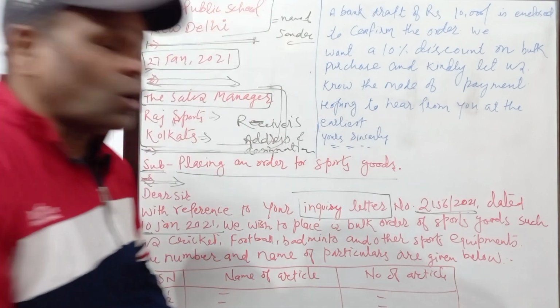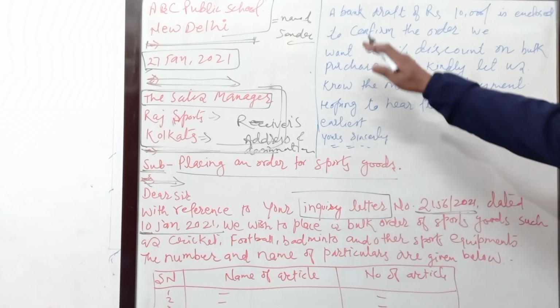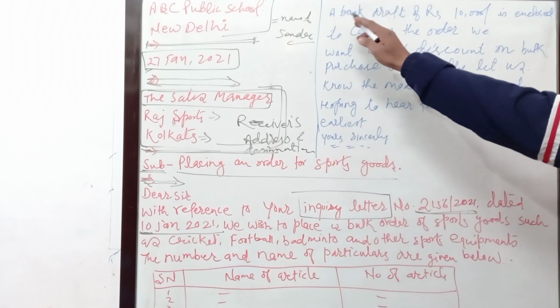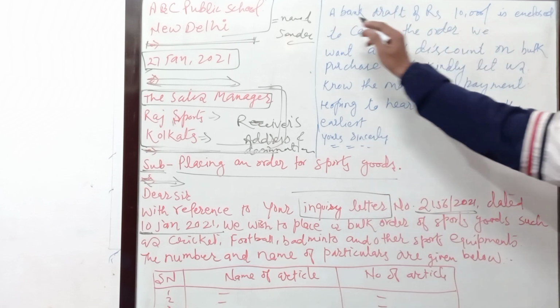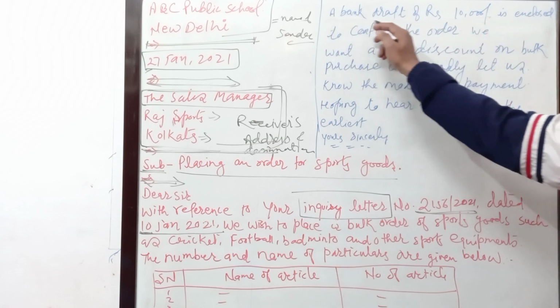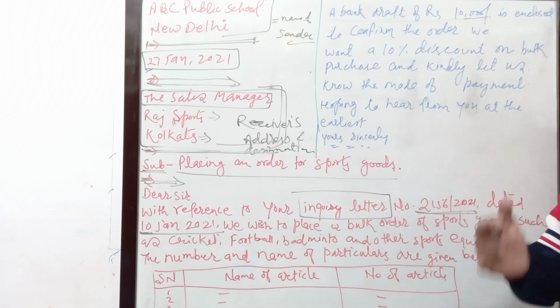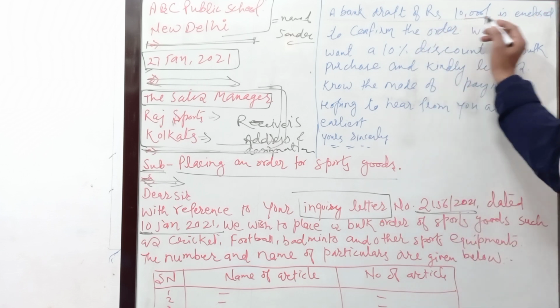Now we come to the close or end of the letter. After the column is completed, we write here a bank draft of rupees 10,000, because we are placing an order. So of course we have to confirm the order, and that can be confirmed only by giving an advance.